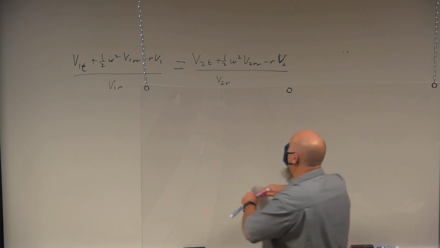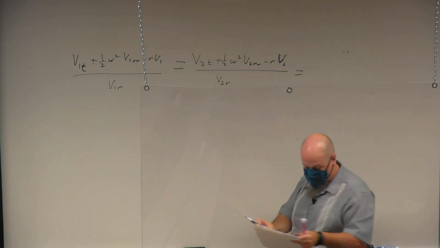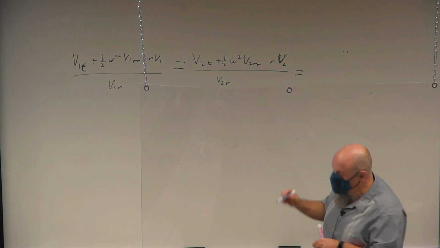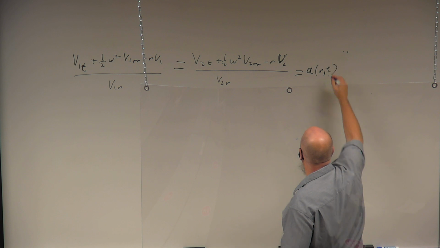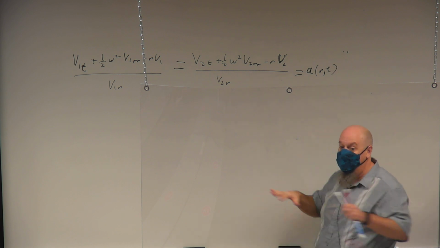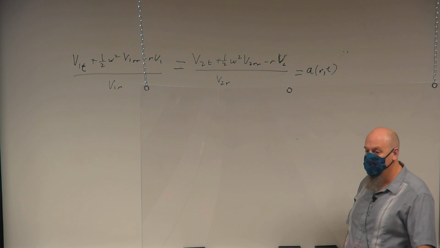So they must both be equal to something, and what letter did I call it? Called it A. Something that could be a function of the interest rates, could be a function of time, but it's not a function of the maturity dates of anything. It's not a function of capital T.